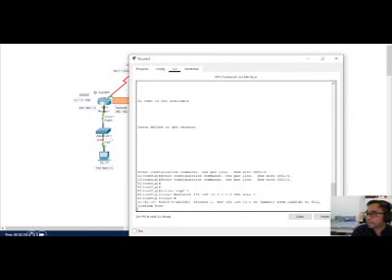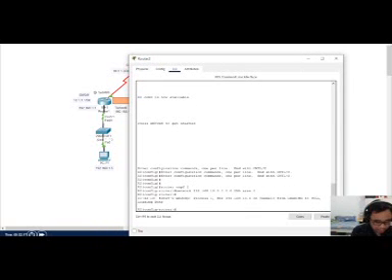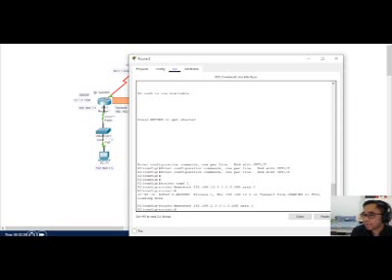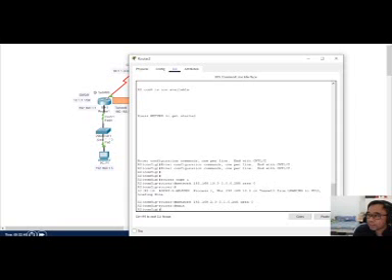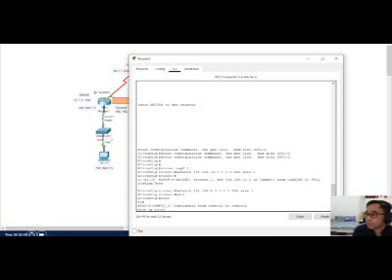Okay, network 192.168.2.0 and 0.0.0.255 area 0. Okay, and exit. Show IP route.